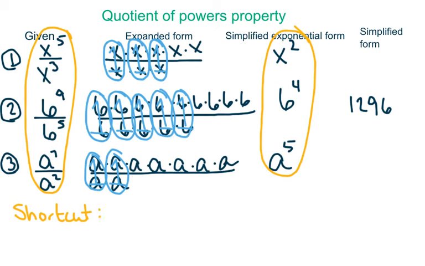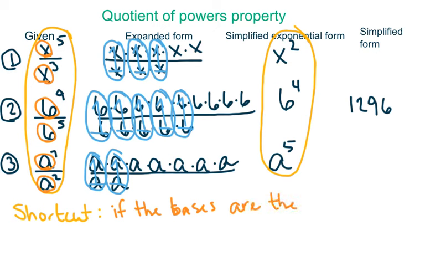The shortcut is, as long as the bases are the same, again, x and x are bases, 6 and 6 are bases, a and a are bases. So as long as the bases are the same, we can subtract the exponents.